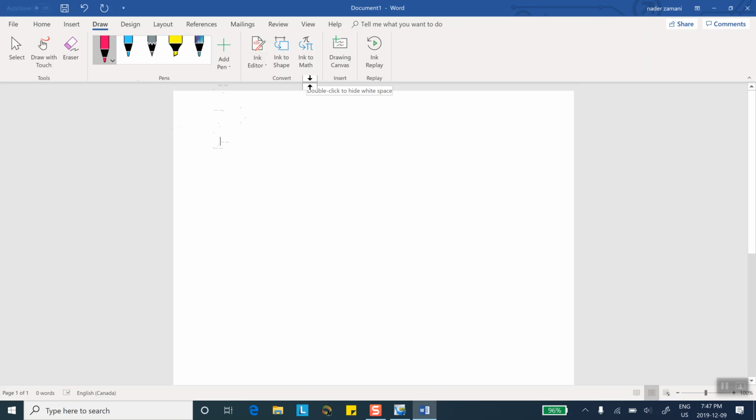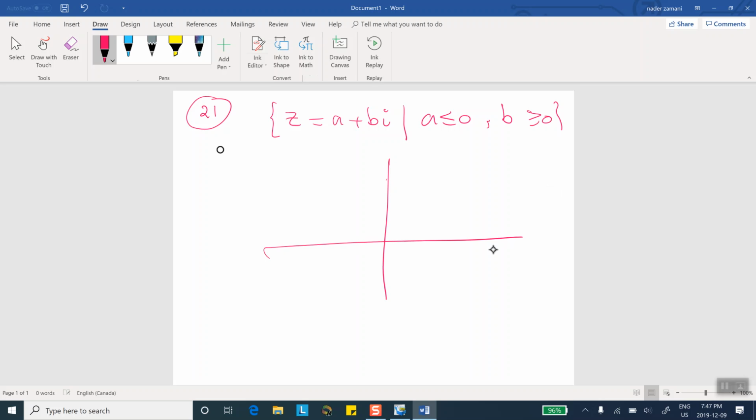Number 21. It says, sketch this set in the complex plane: a plus bi, where a, the real part, is negative, and b is positive. So if you look at the complex plane, this is the real part, this is the imaginary part. I want all complex numbers that have a negative real part.